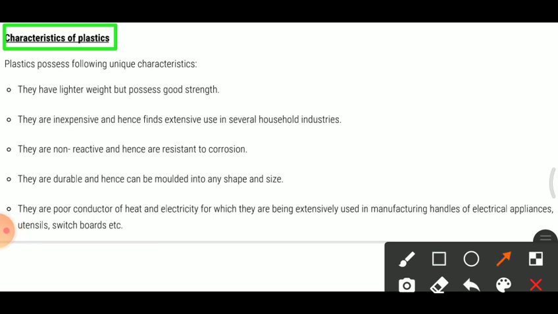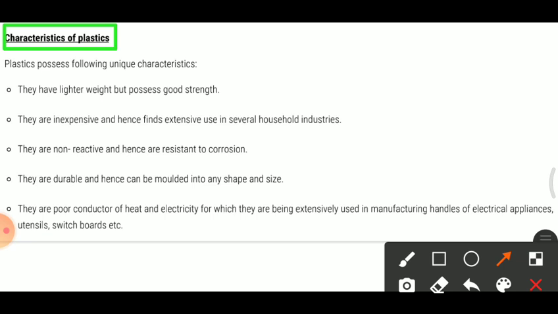Plastics are the materials of choice today. If we think of storing a food item, water, milk, pickles, dry food, etc., plastic containers seem most convenient. This is because of their light weight, lower price, good strength, and easy handling.